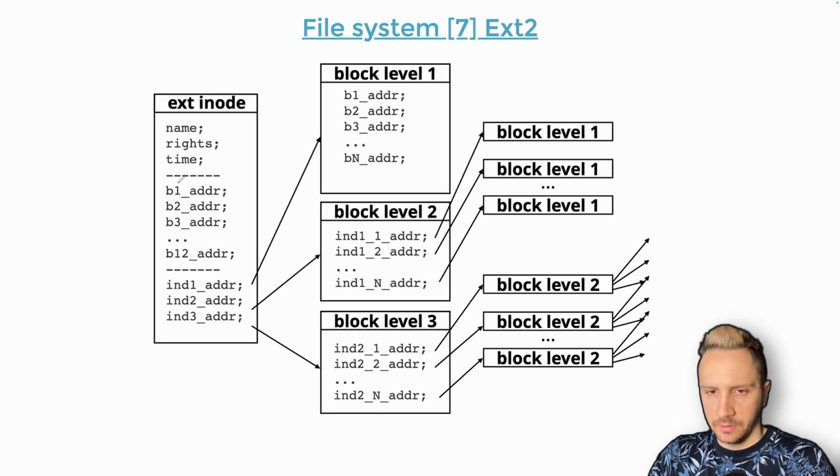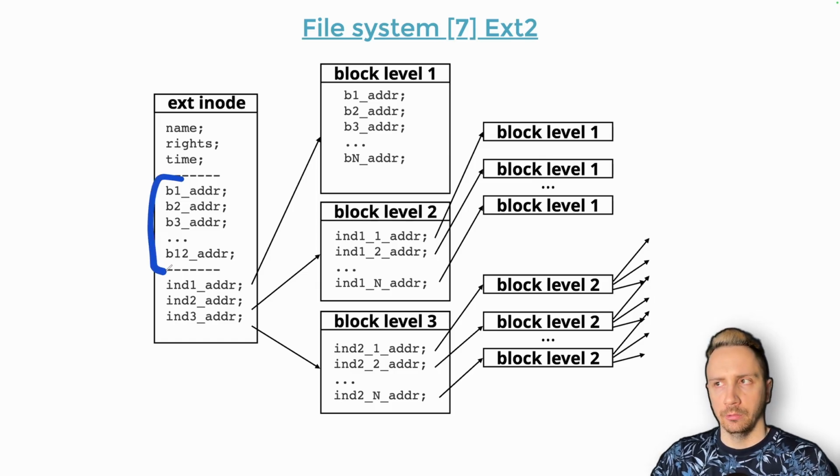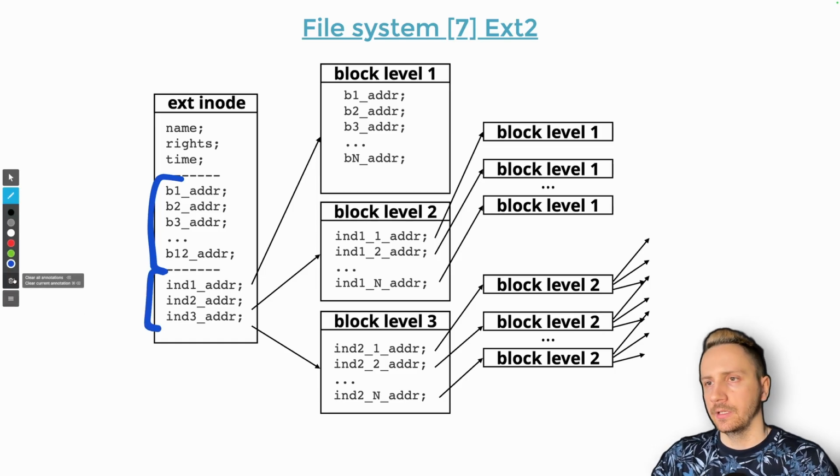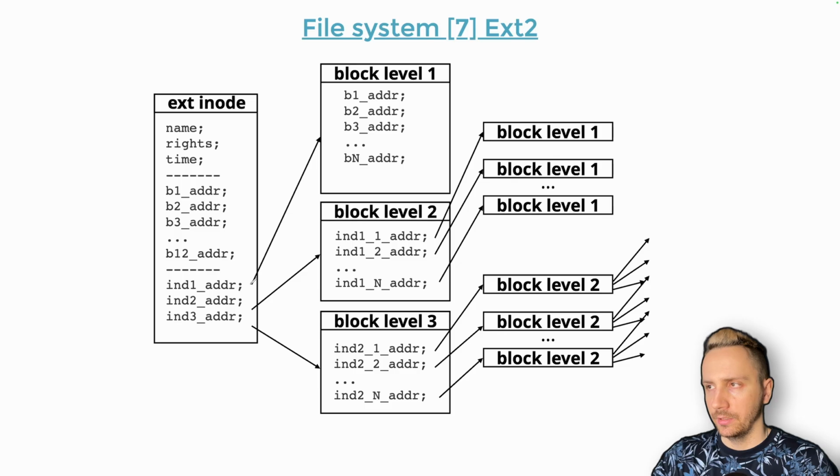And the first 12 block addresses contain physical addresses of the physical blocks storing the data, data which we put into the file, like text, a movie, or whatever. The last 3 addresses don't point at blocks with data. Instead, they point at blocks storing addresses of other blocks.